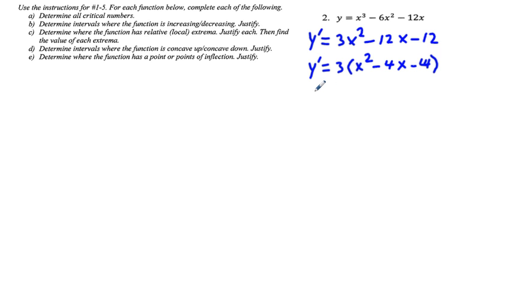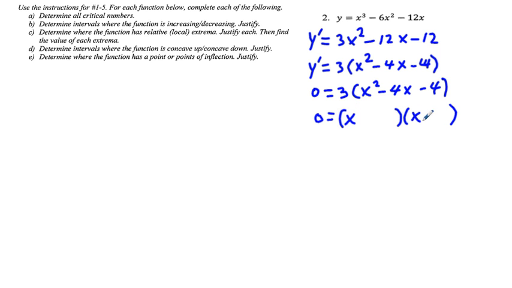And so we can set this first derivative equal to 0, and we're going to try to solve by factoring. Not exactly sure how this will work out. We have x and x, and our factors of -4 that add up to -4x.